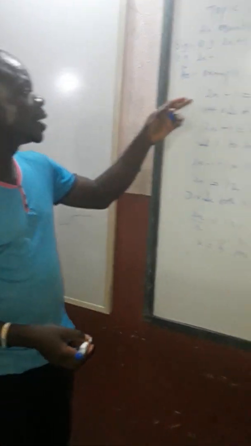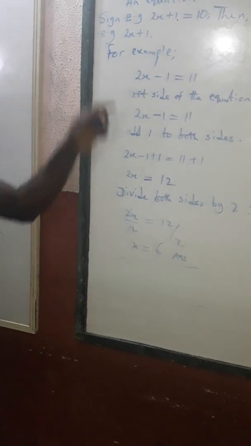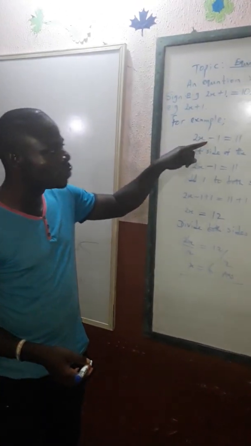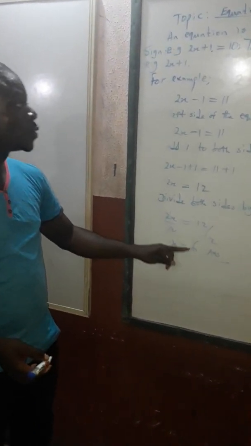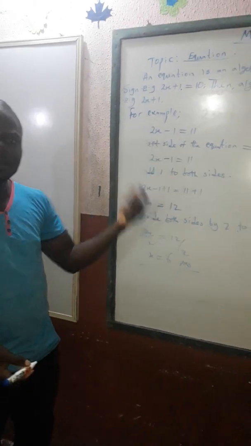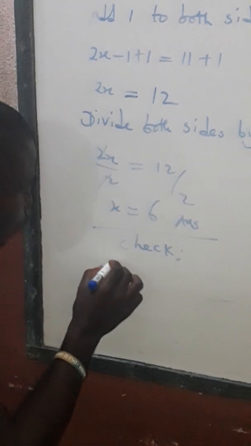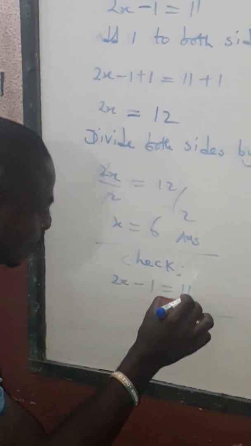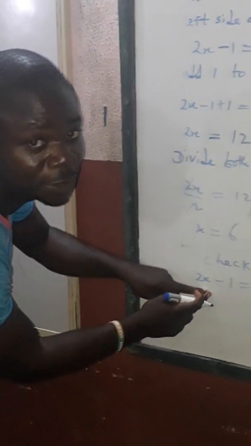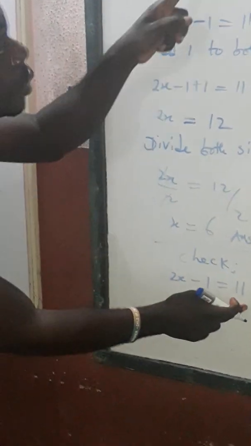As simple as that. Now, how can we know that it is true that when you multiply 2 by a particular number, you have 11? Now, we got 6. So, therefore, 2 times 6 minus 1 is 11. Now, let's check. 2x minus 1 is equals to 11. Wherever you see x, you put 6 to know whether the equation is right.